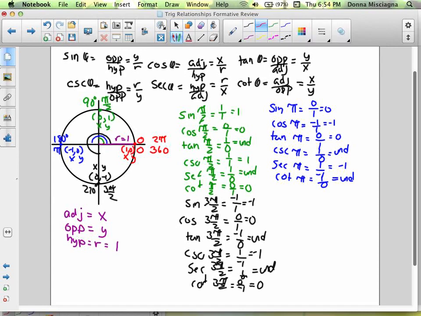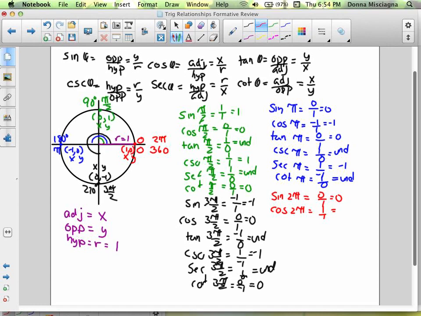find the trig ratios for 2 pi. All right, so we have sine 2 pi. Sine is going to be y over r, so that's going to be 0 over 1, that's just 0. Cosine 2 pi, that's x over r, so that's going to be 1 over 1. And you can tell what the x and y are, by the way, by the point.